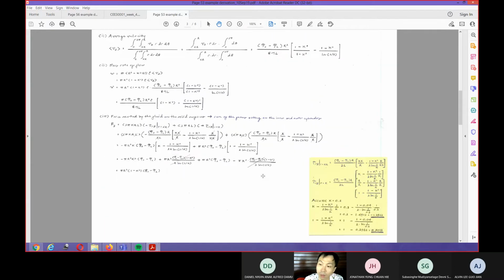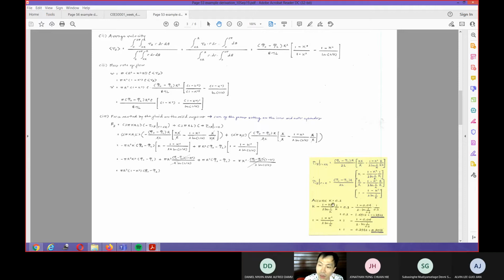So when we put in this shear stress at r equal to kR, we know that the term in the bracket determines the negative or positive value of the shear stress. Let's assume that k is equal to 0.2, then it will be negative.